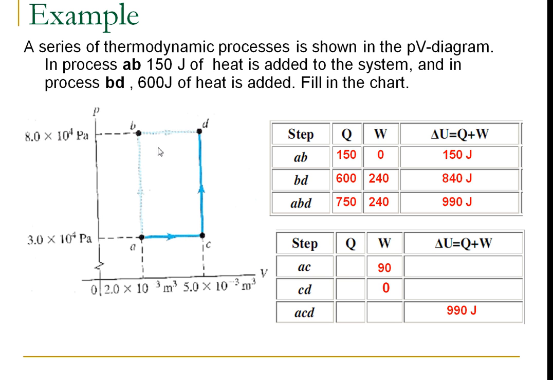From C to D, we have 0 work done because the volume does not change. So, from A to C to D, we have a work of 90 joules. Now this leaves a heat of 900 joules being added from A to C to D.